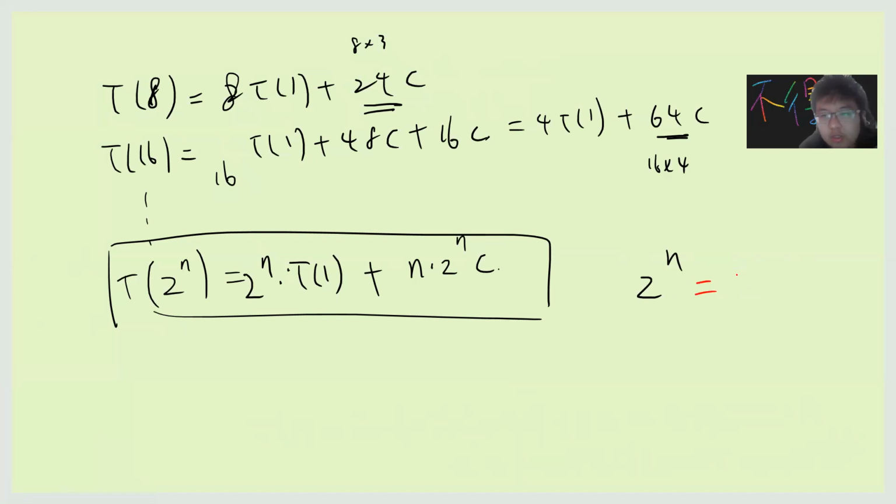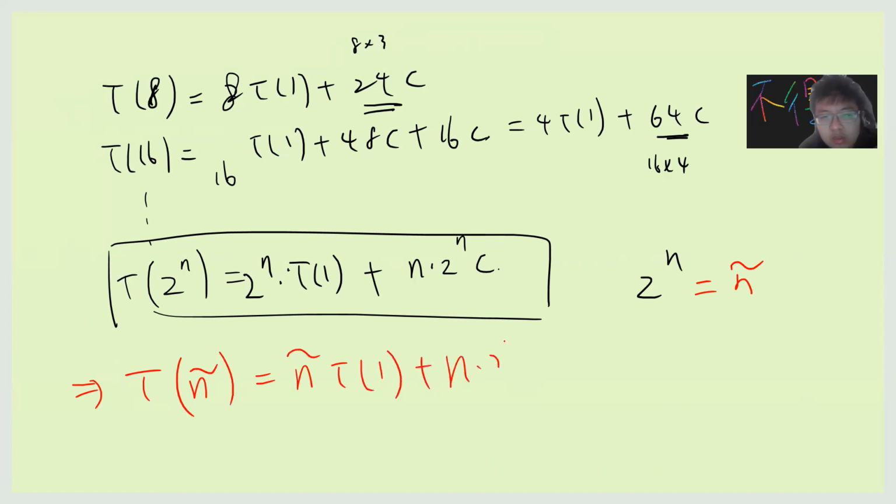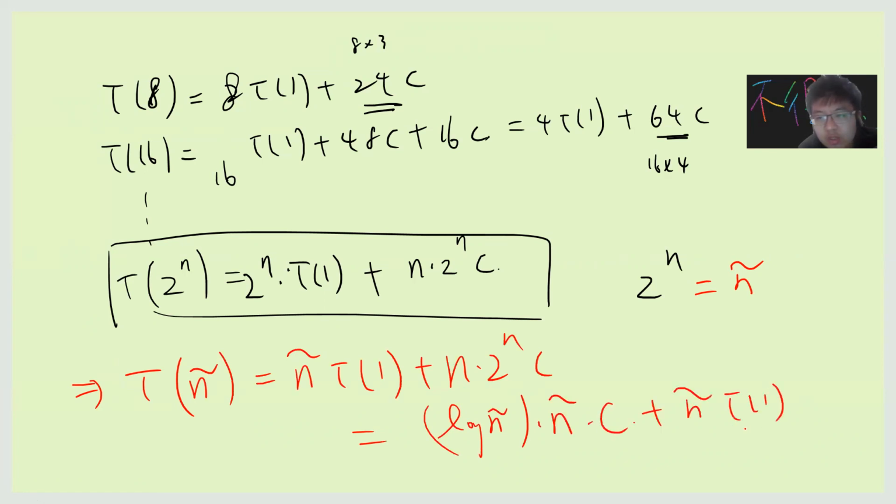Let's say 2 to the n is n tilde. So it means that T of n tilde is n tilde T of 1 plus n times 2 to the n c, which is log n tilde times c plus n tilde T of 1, which is a constant.